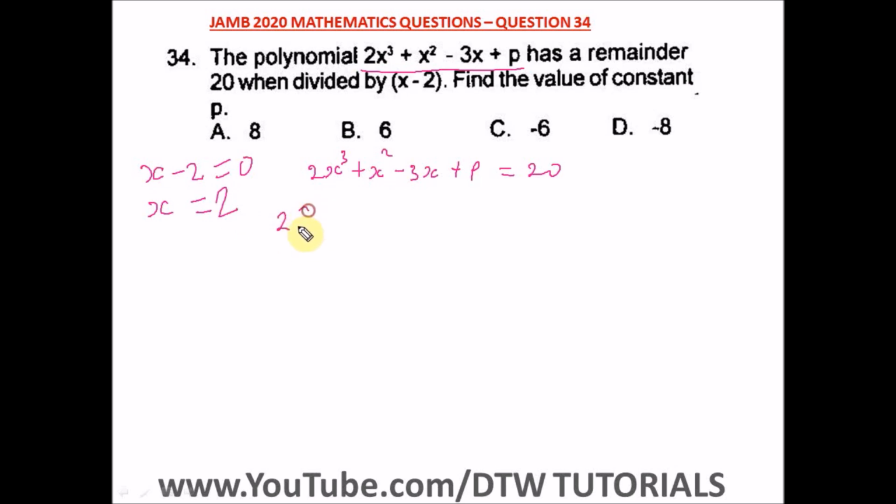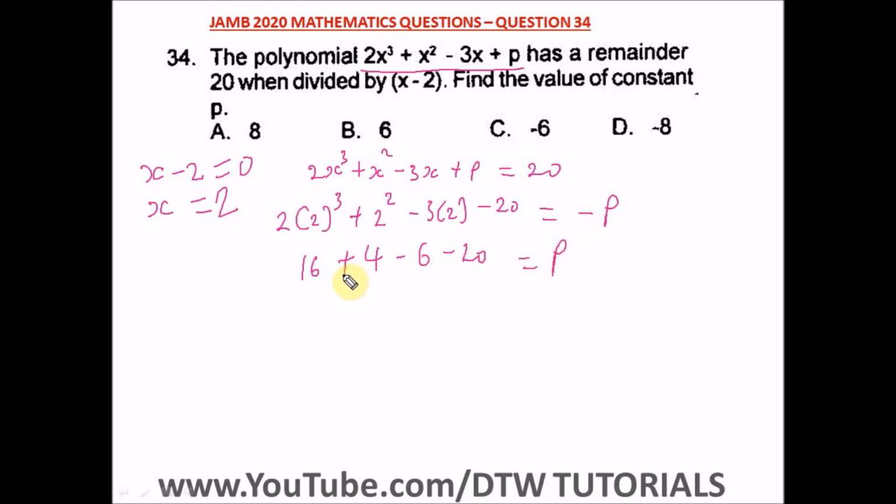So we have 2 times 2 to the power 3, plus 2 to the power 2, minus 3 times 2, minus 20 equals minus p. So we solve for this. 2 to the power 3 is 8. 8 times 2 is 16, plus 4 minus 6 minus 20 equals minus p.